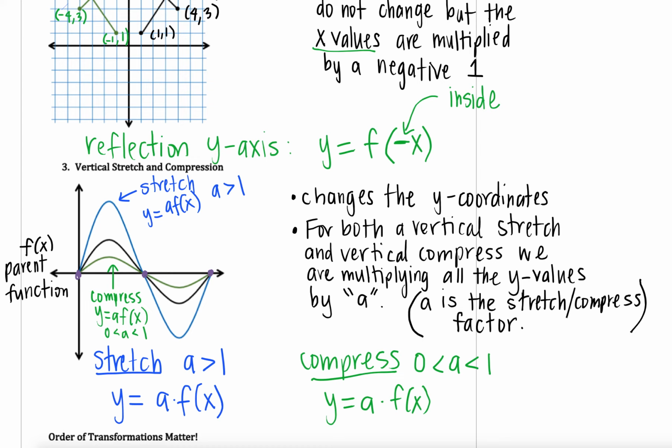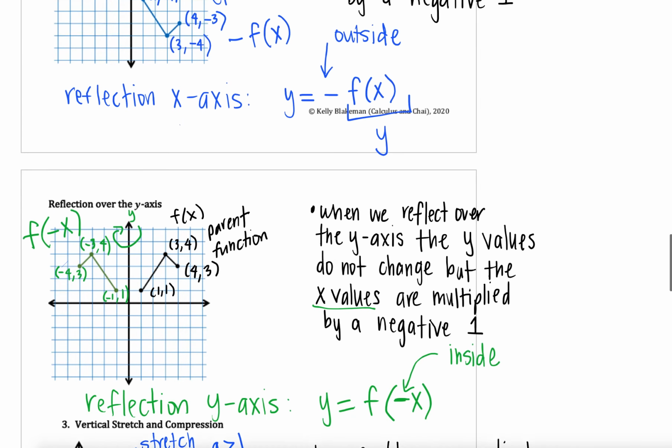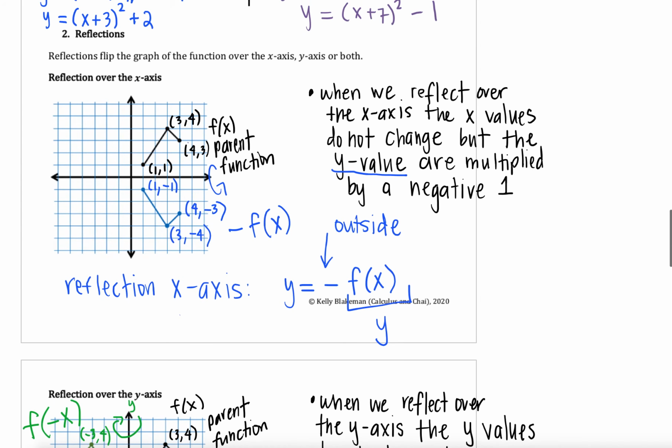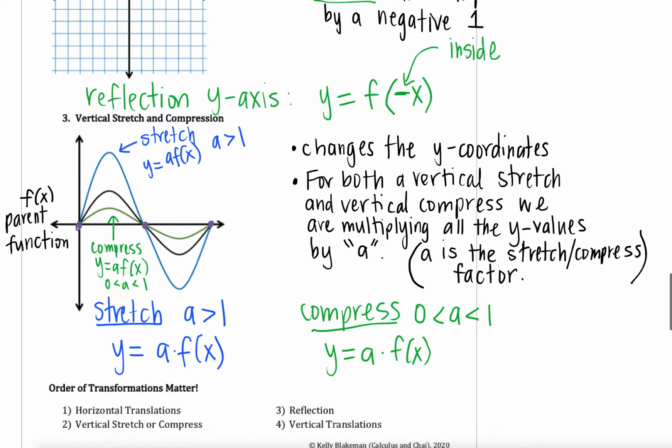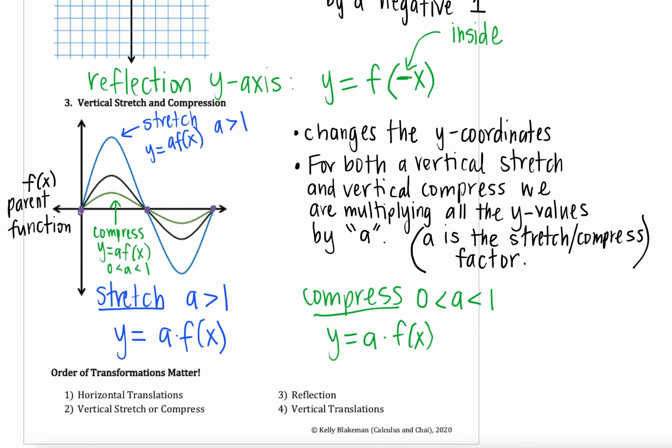Because remember, if we scroll back up, our reflection over the x-axis happens when we multiply by a negative sign outside of our function f of x. And this a value is also being multiplied to f of x, and so if that a value is negative, then it's not only maybe a stretch or compress, but it's also a reflection over the x-axis.